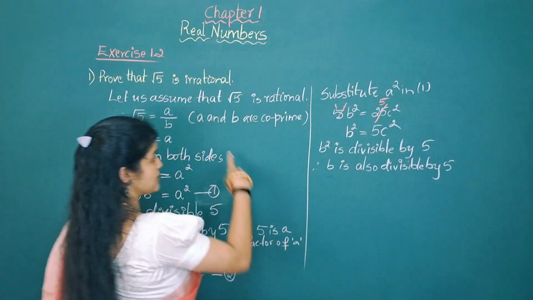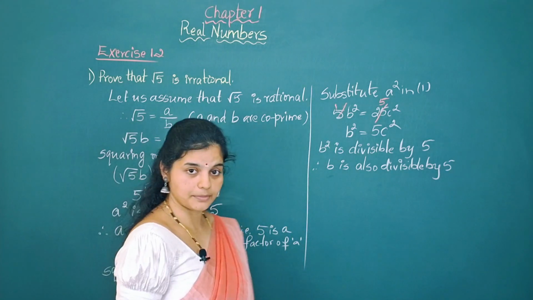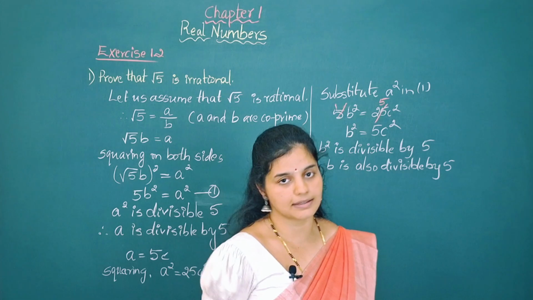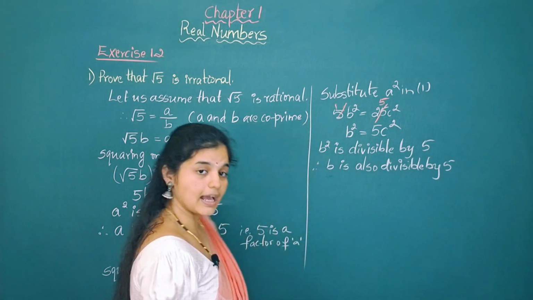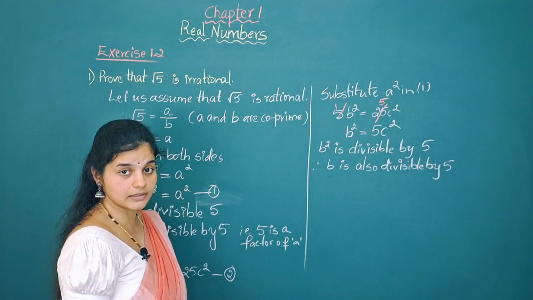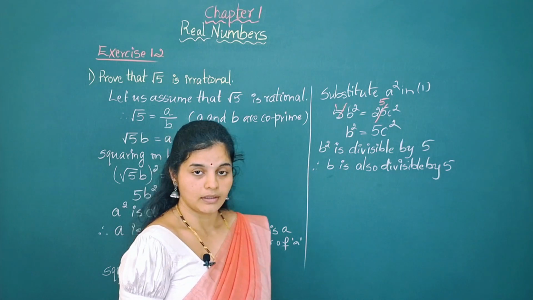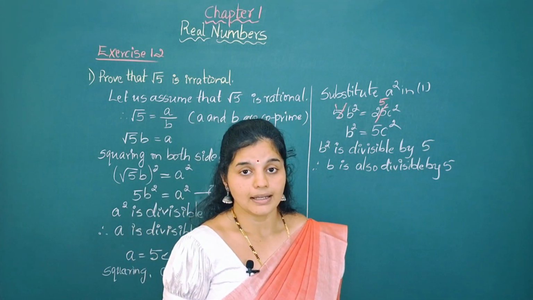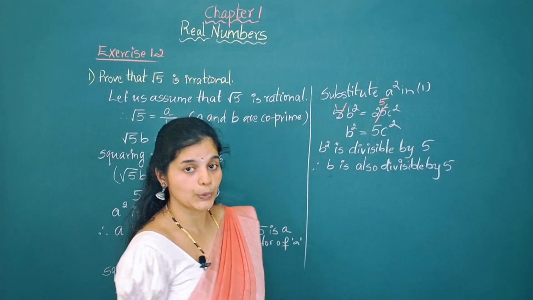What we have assumed is that a and b are co-primes, means they have only 1 as their factor. But now we see that other than 1, there is another factor for both a and b. So, we can tell that a and b are not co-primes.